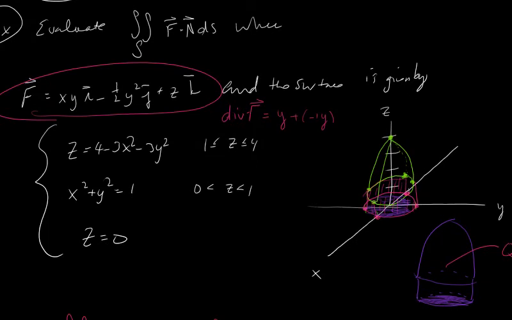Then the partial of the last part with respect to z is equal to 1. So the divergence of f is y minus y plus 1, which is nice for us because that's just equal to 1. Yeah, positive, that's a plus. There we go. Equal to positive 1.